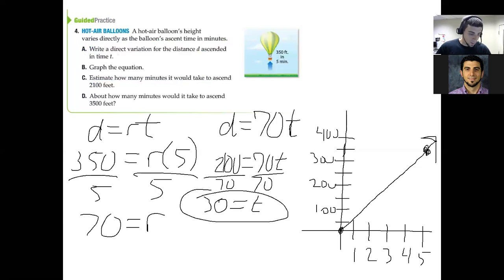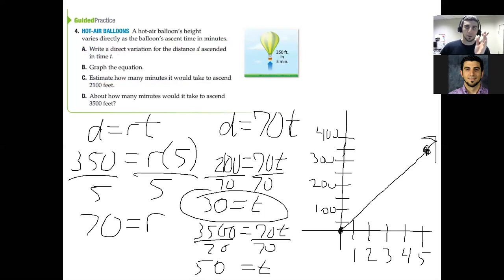And part D, about how many minutes would it take to ascend 3,500 feet? So 3,500 equals 70t, divide both sides by 70. Again, I'm thinking 35 divided by 7 is 5. Slap a 0 on there. When you're dividing by numbers that end in 0, you can literally chop off the amount of common zeros.